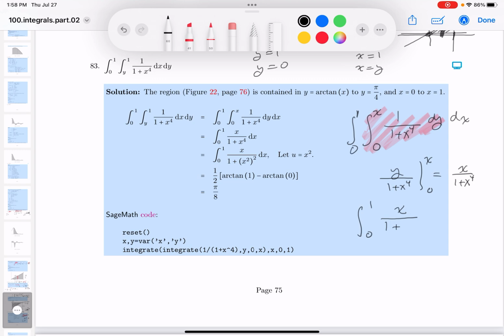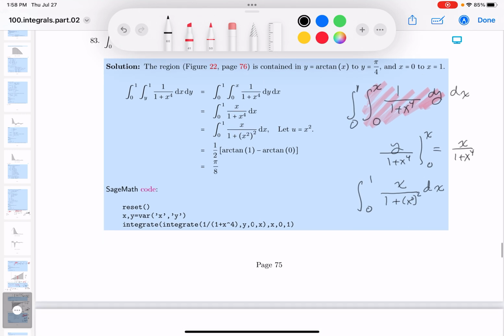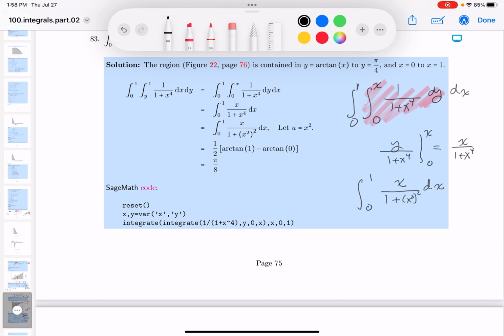Now, since I want to see a function whose derivative is in the problem, I really want x dx somewhere. So what I'm going to do is I'll call this thing x squared. I want to integrate this thing if I can. So what do you do? I'm going to say u equals x squared. du is 2x dx.